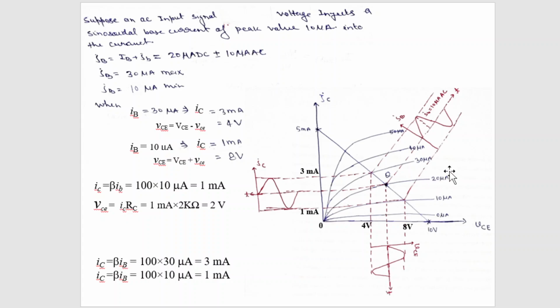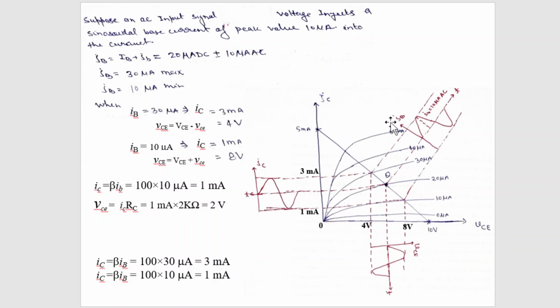This is the DC base current. On this we are superimposing a 10 microampere AC signal, small i small b, on the 20 microampere DC signal.